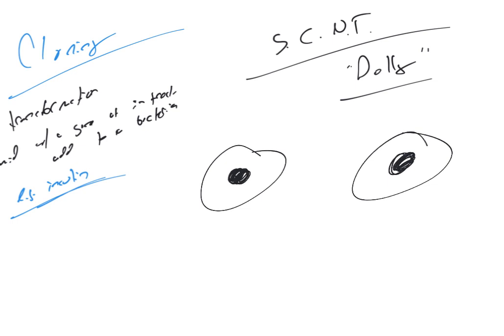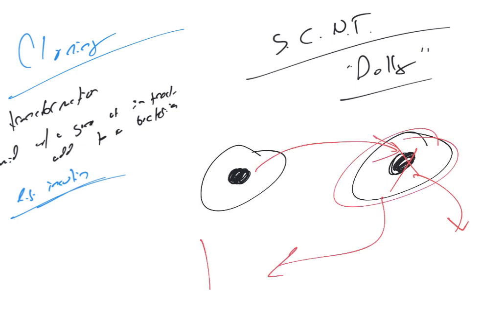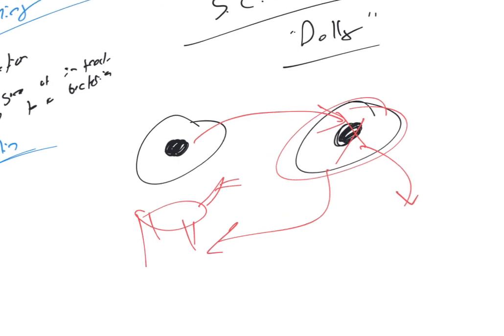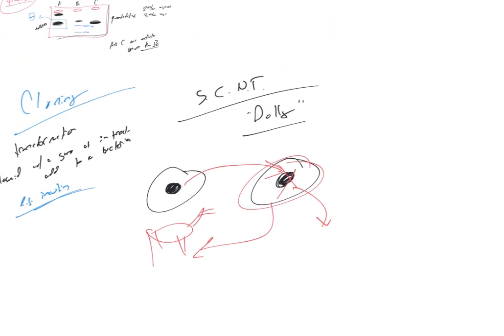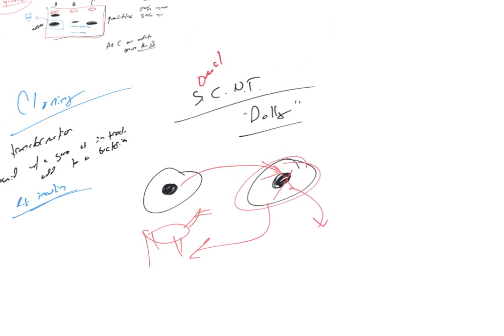We take this nucleus and get rid of it, and we take this nucleus and put it into this cell. Then we take this cell and put it into a pregnant sheep. Boom. That's a horrible drawing, but that's all this is: somatic cell nuclear transfer.